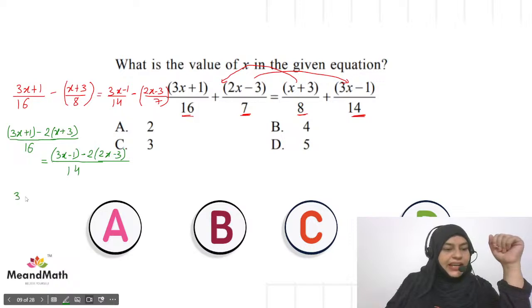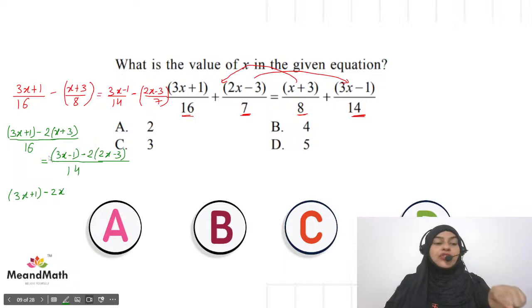It will be 3x plus 1 minus, when you are multiplying with minus 2x, because of this negative sign, the sign inside the bracket will change. Correct?